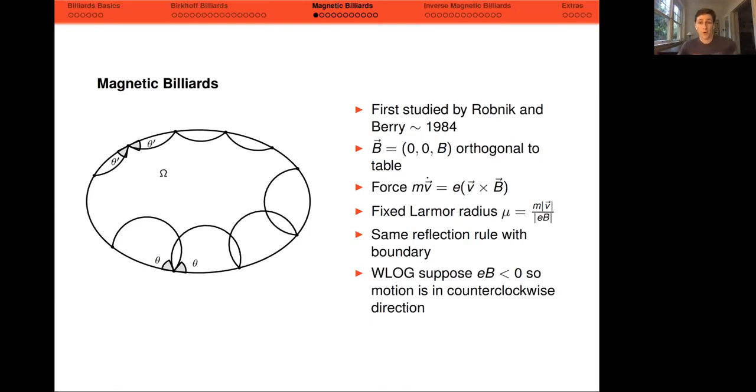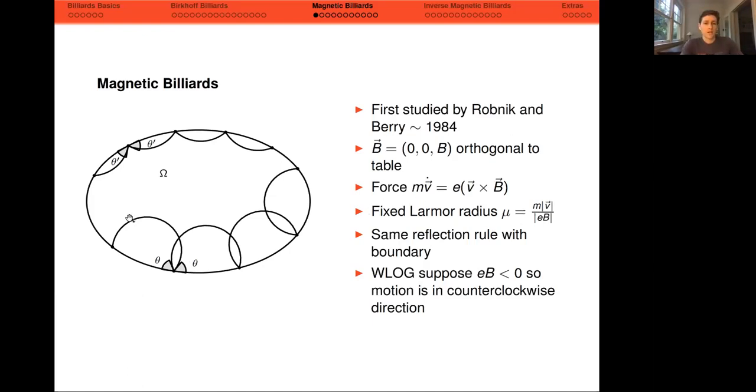Because our magnetic field is constant, we have circular motion of a fixed radius that we'll call mu, and mu depends on the mass, the speed, the charge, and the strength of the magnetic field. Without loss of generality, we're going to suppose that the charge times the magnetic field is negative, so that motion is always in the counterclockwise direction.